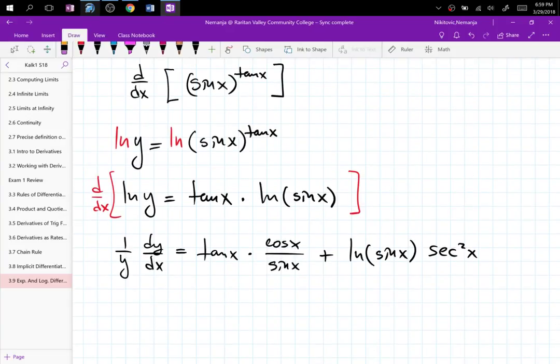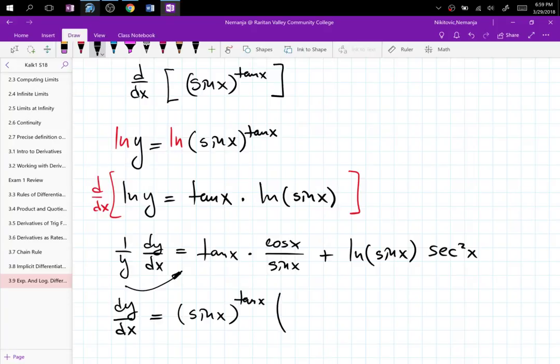So now, dy dx, y goes to the other side, and that is the original function. So that's sine x raised to the tangent x. In parentheses over here, tangent is sine over cosine times cosine over sine. These guys cancel, because that's tangent times cotangent. Well, they cancel to 1.